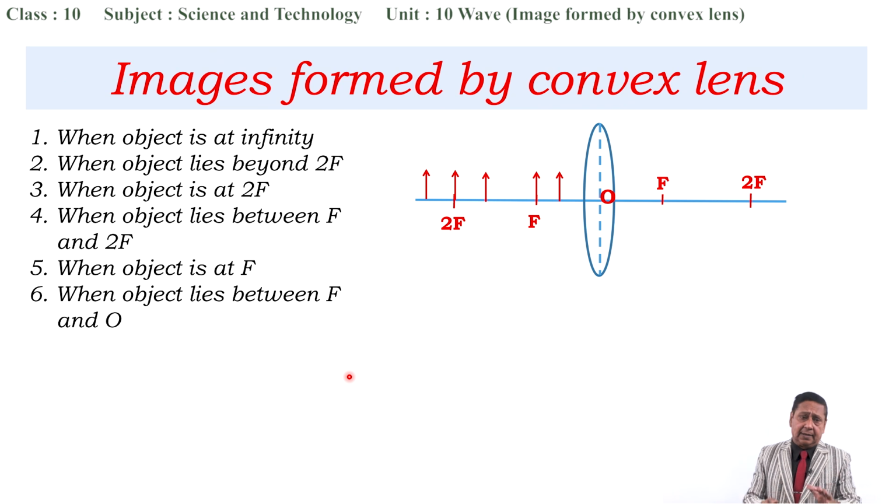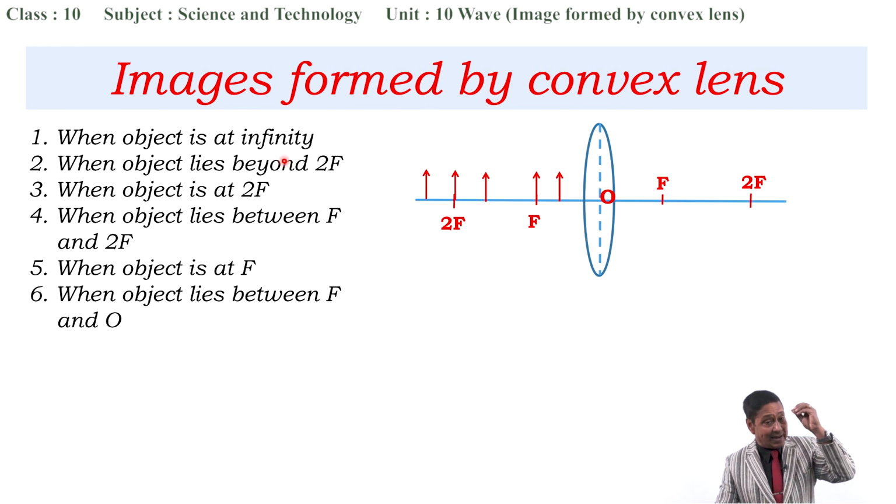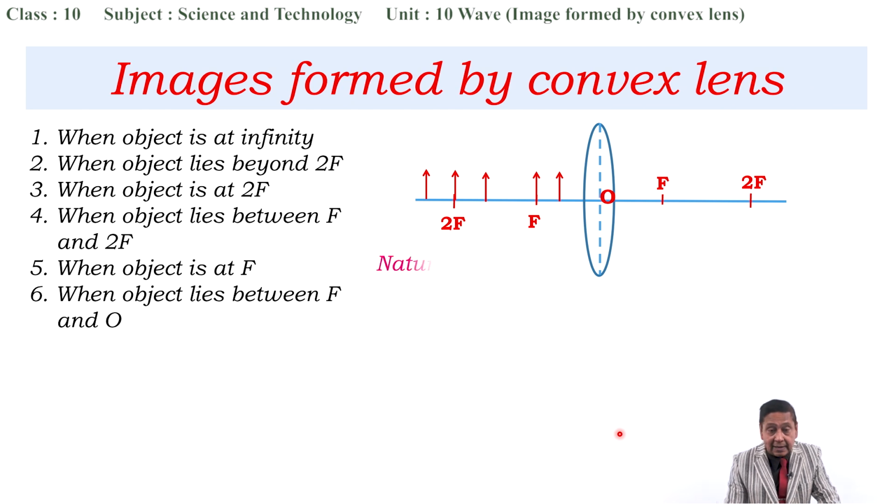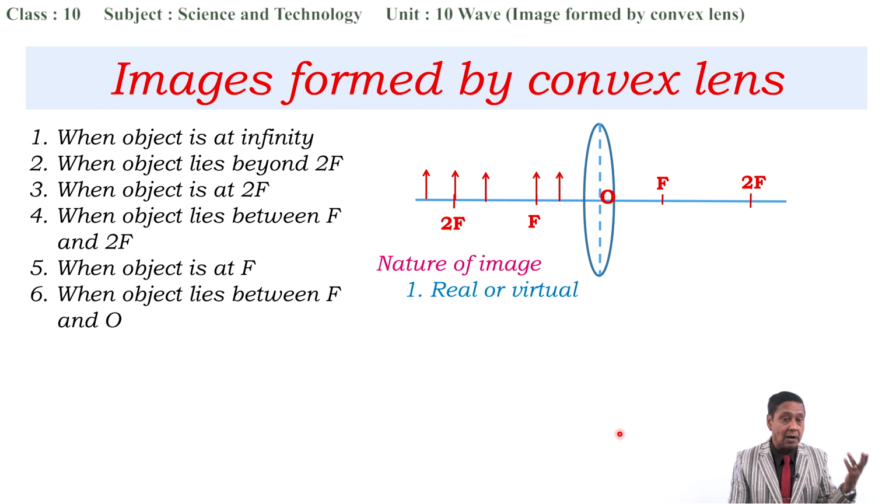Look at this. There are 6 conditions. According to the distance of the object from the lens, it is categorized into 6 different types, and in every diagram at the end we will mention the nature of image. What type of image formed, whether the image is real or virtual.